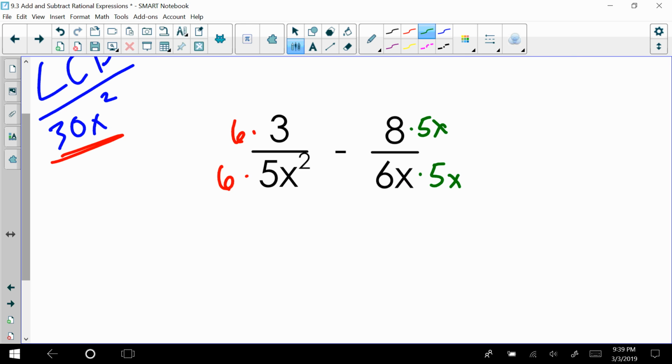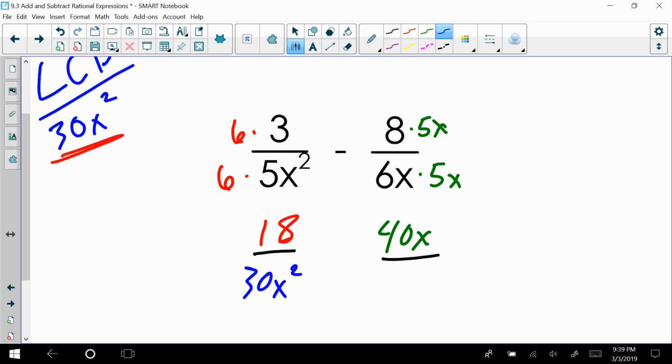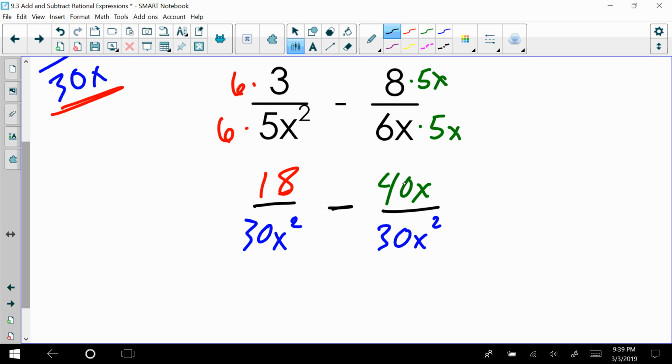Okay, well, now if I work through this, I would have a 40x over there. I would have an 18 over here. And on the bottom, I have my common divisor, right? My least common divisor of 30x squared. Don't forget this was a subtraction problem here. And now, do not simplify.